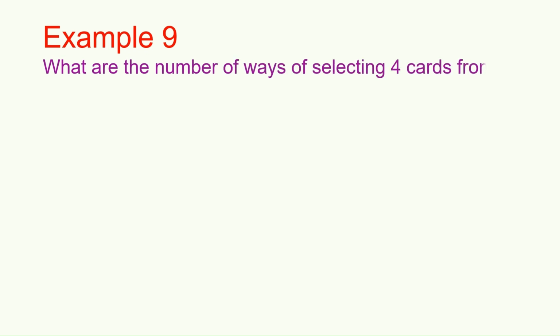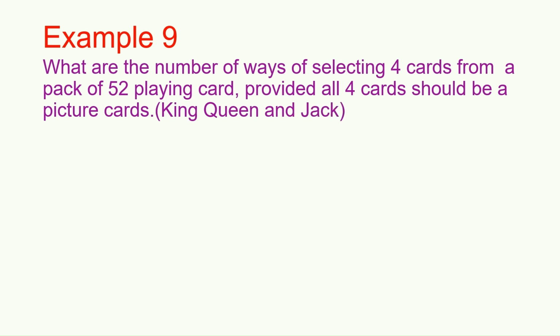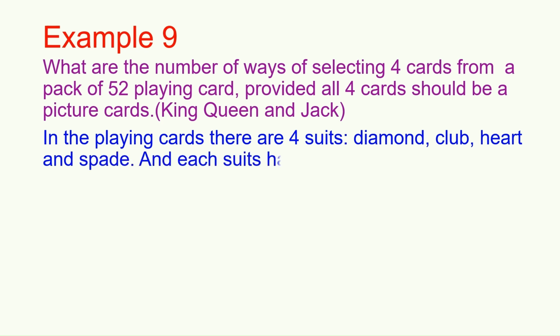Example number 9. What is the number of ways of selecting 4 cards from a pack of 52 playing cards, provided all 4 cards should be picture cards: King, Queen, and Jack. In the playing cards, there are 4 suits: Diamond, Club, Heart and Spade, and each suit has Jack, Queen and King.